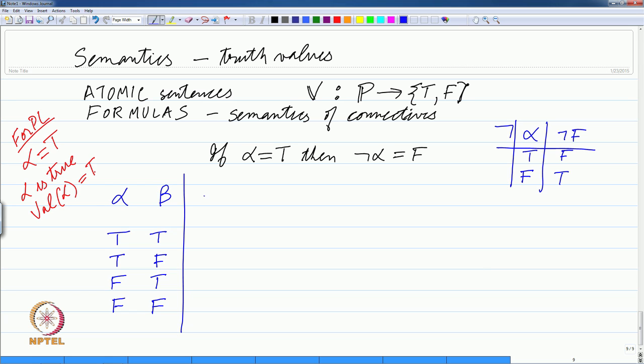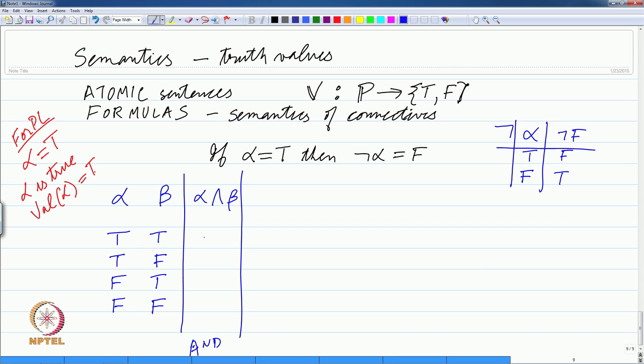So, what is the meaning of alpha and beta? So, no doubt you are familiar with this. We read this as and, the semantics is defined as both the constituents must be true.